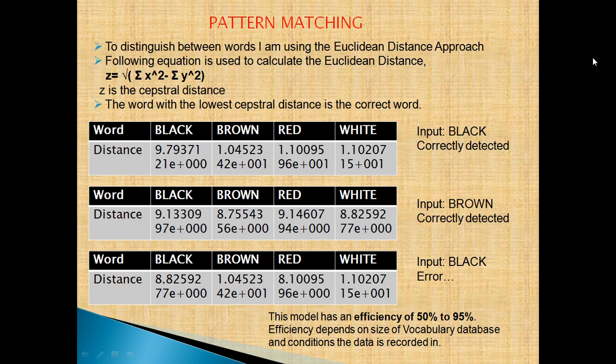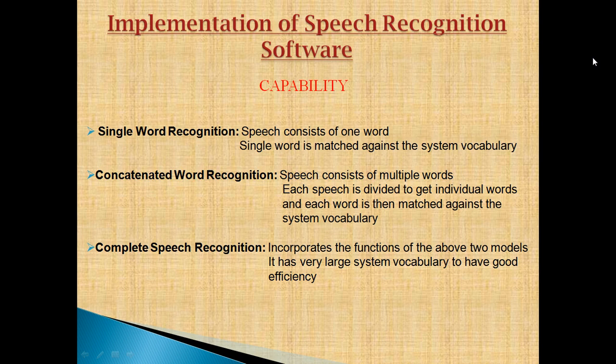All right, so moving on to the next section, here I'm discussing how the recognition software can be implemented for different applications of cellular communication. So first we look at the capability of the recognition software. It can do three types of recognition.